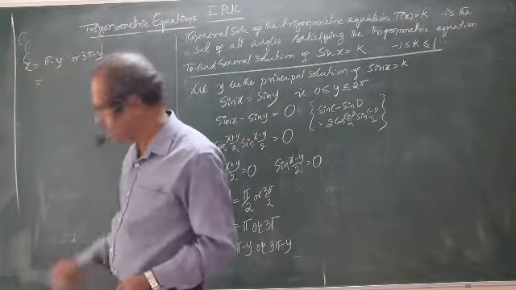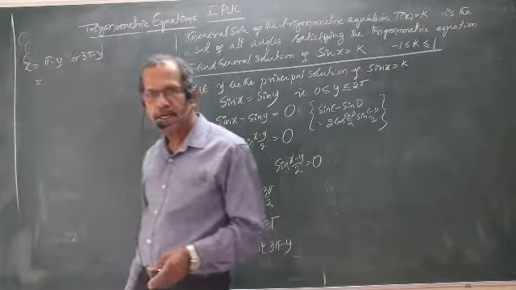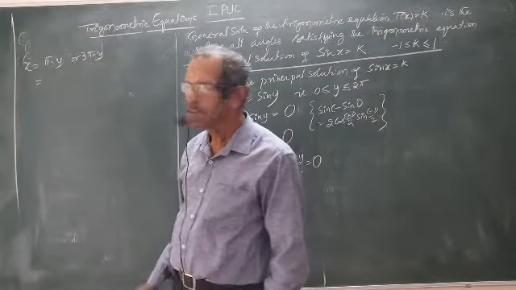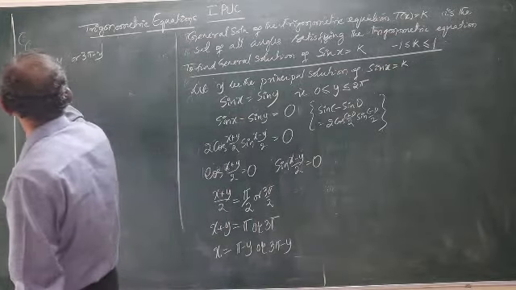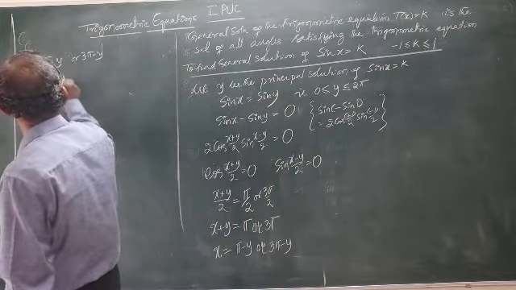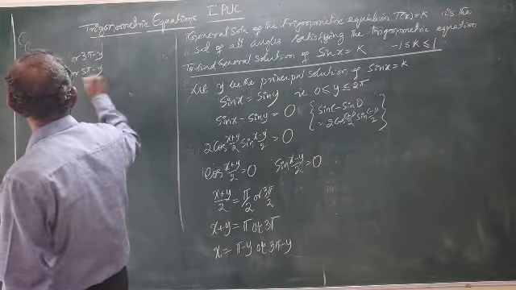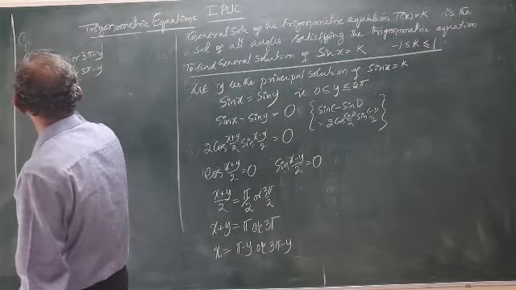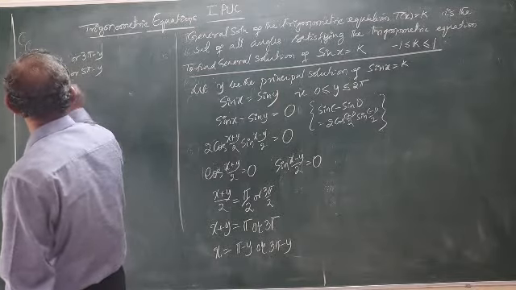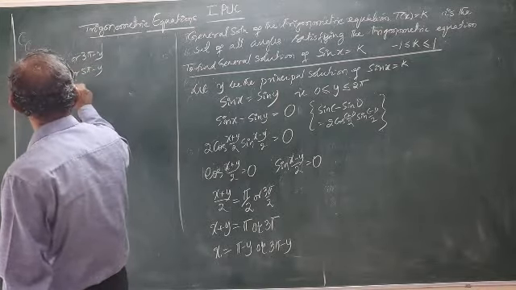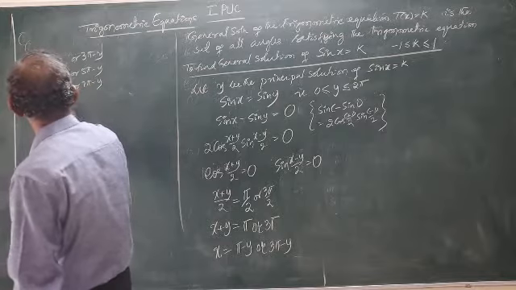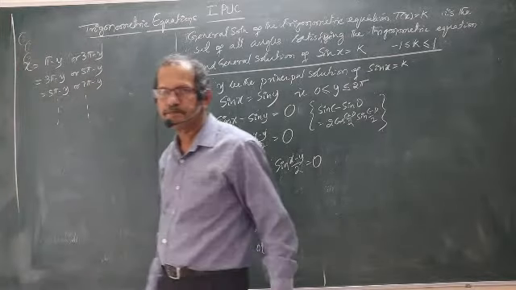Now, general solution means what? Adding 360, I told, no? Add 360 means 2 pi. 3 pi minus y. Add 2 pi, 5 pi minus y. Add 4 pi, 7 pi minus y. So many answers.